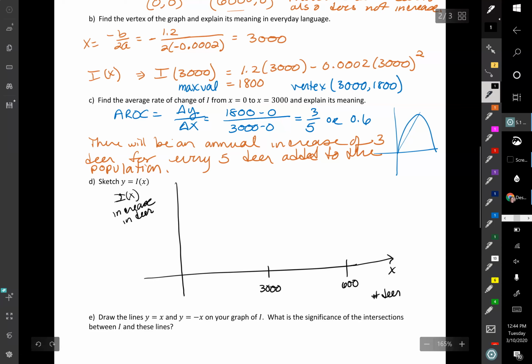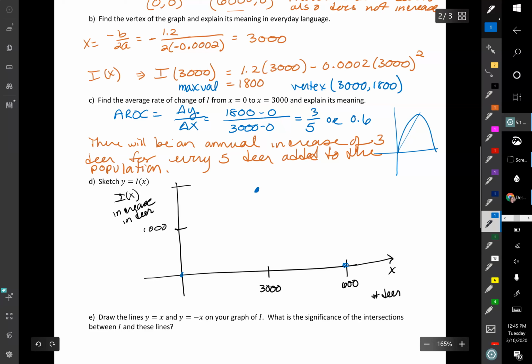For instance, if I had 5 deer and I increased by 3, then I'm going to have 8, right? So here's a scale. I would have my 3,000, 1,800 right there as my max.